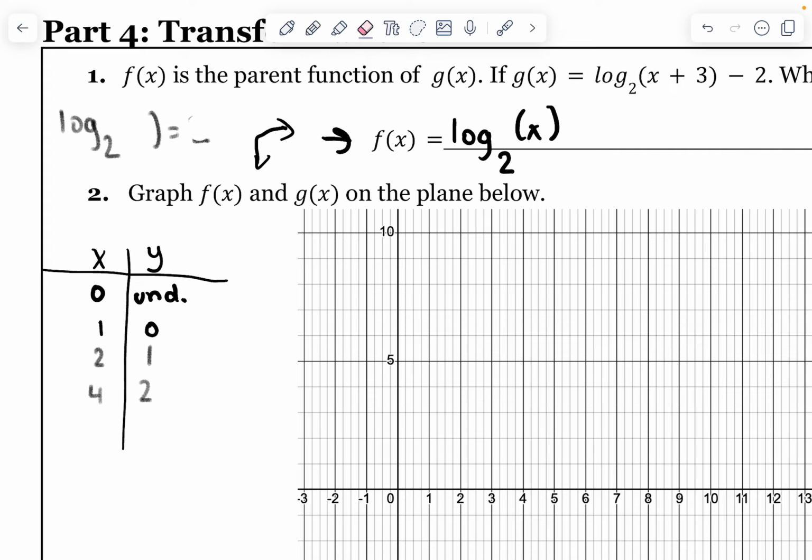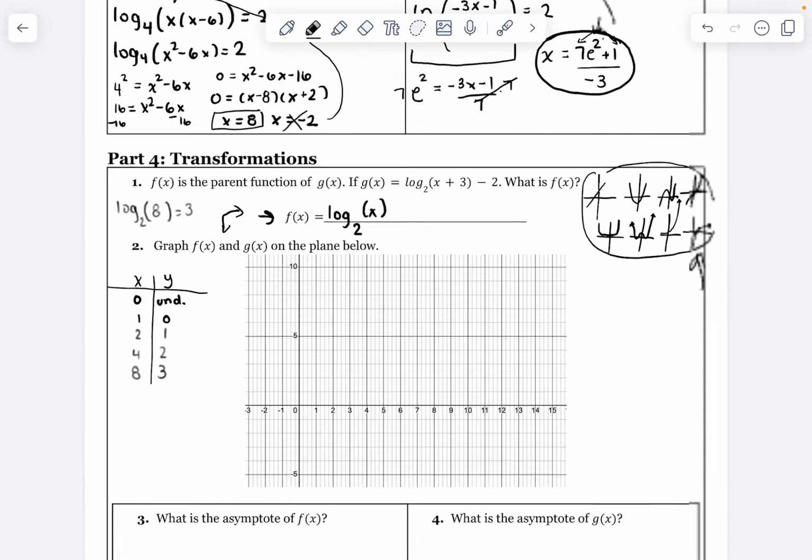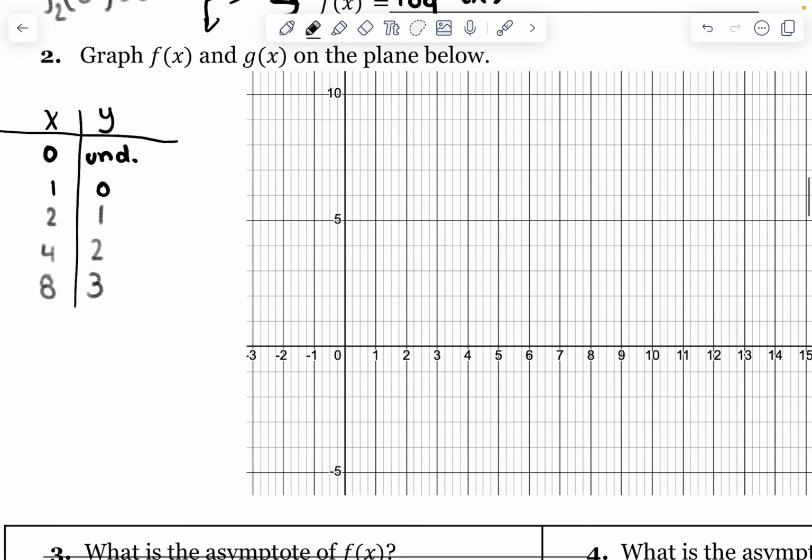Okay, what's another power of 2? 8. 2 to the power of 3 is 8. So when your input is 8, your output is 3. And I think we have enough values to start making our graph.